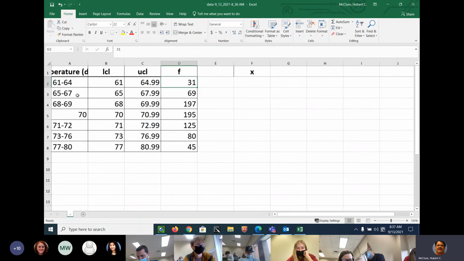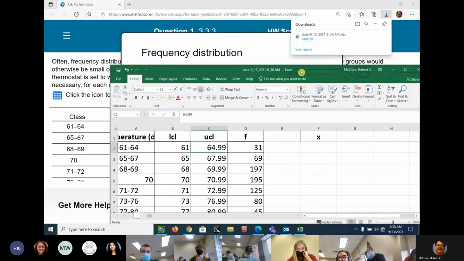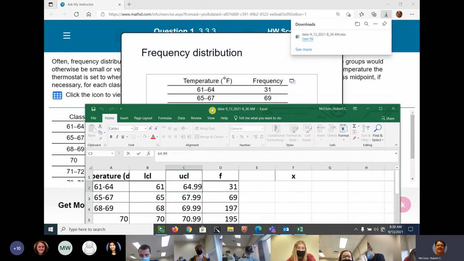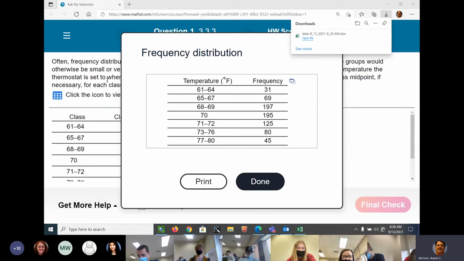I don't know why this doesn't say 61 to 64.99. This is right, but this is not right. Let me see what the question says, because they're giving you a falsehood right off the get-go.